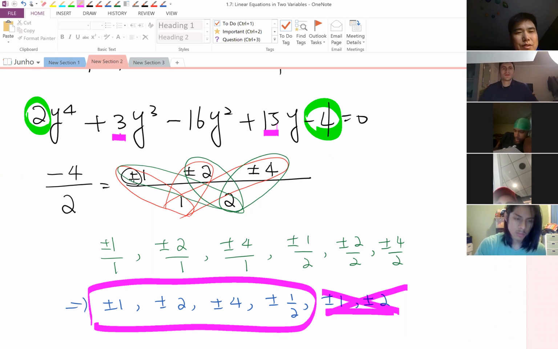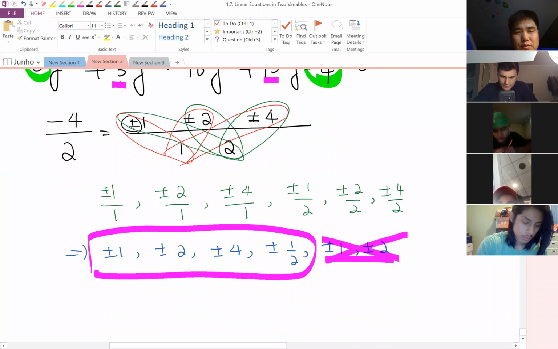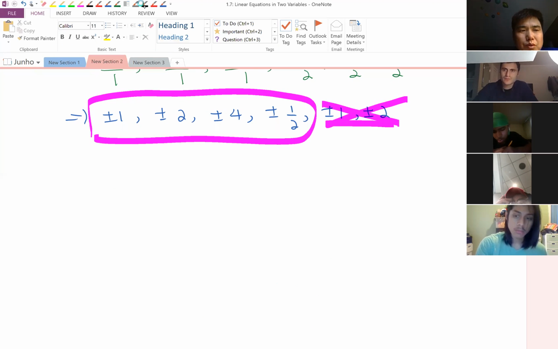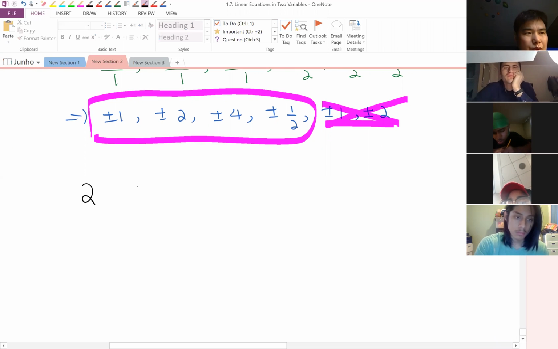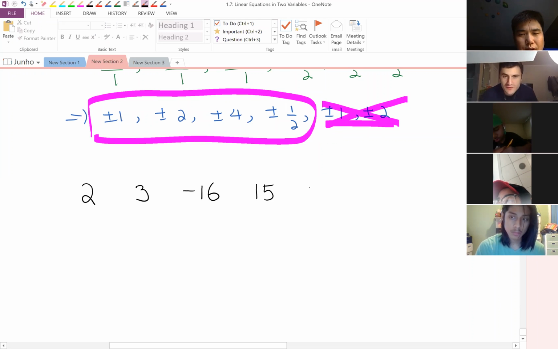Okay, synthetic division, we are taking their coefficients and then constant numbers, right? So we can do 2, 3, negative 16, and 15, negative 4.